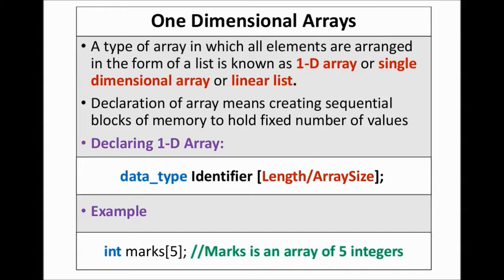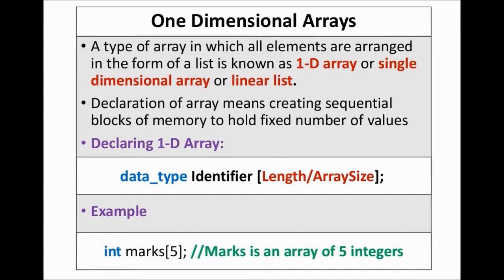The process of specifying array name, length, and data type is called array declaration. The syntax of a one-dimensional array is as follows: data type, identifier, and in the brackets we give the length of this array.